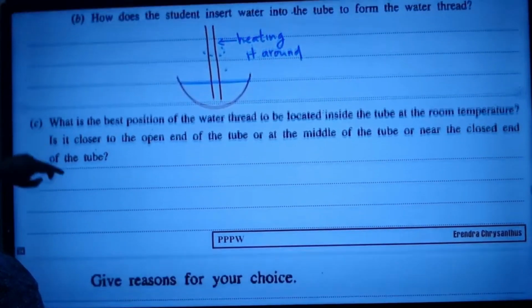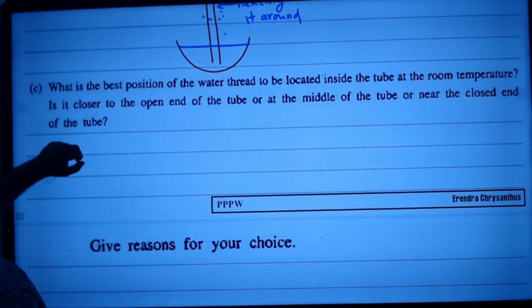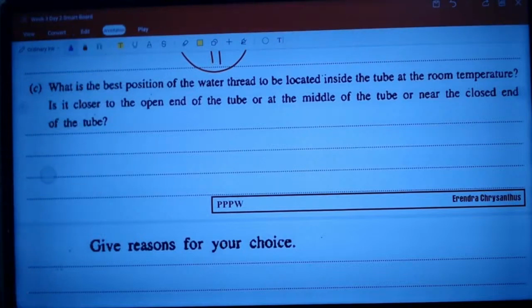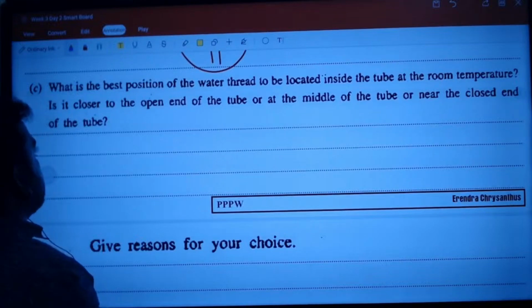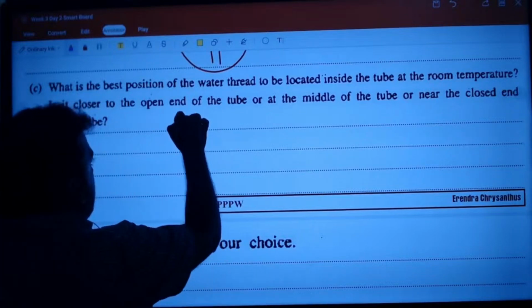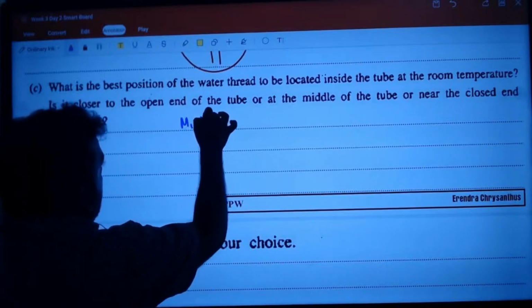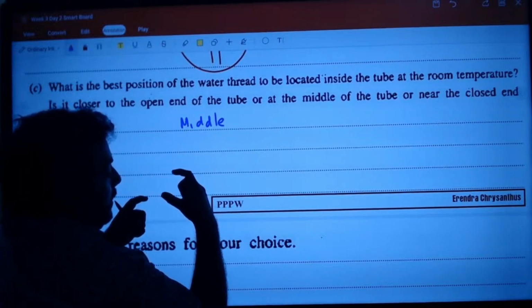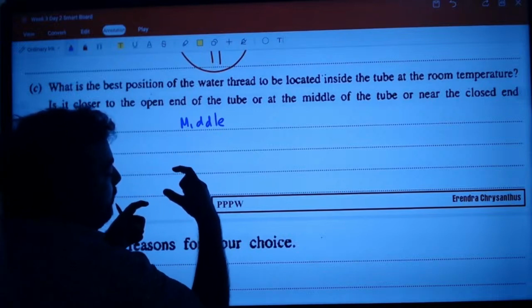What is the best position for the water thread to be located inside the tube at room temperature? Is it closer to the open end, at the middle, or near the closed end? Technically at the middle. Why at the middle? When we heat it, the liquid thread will rise.